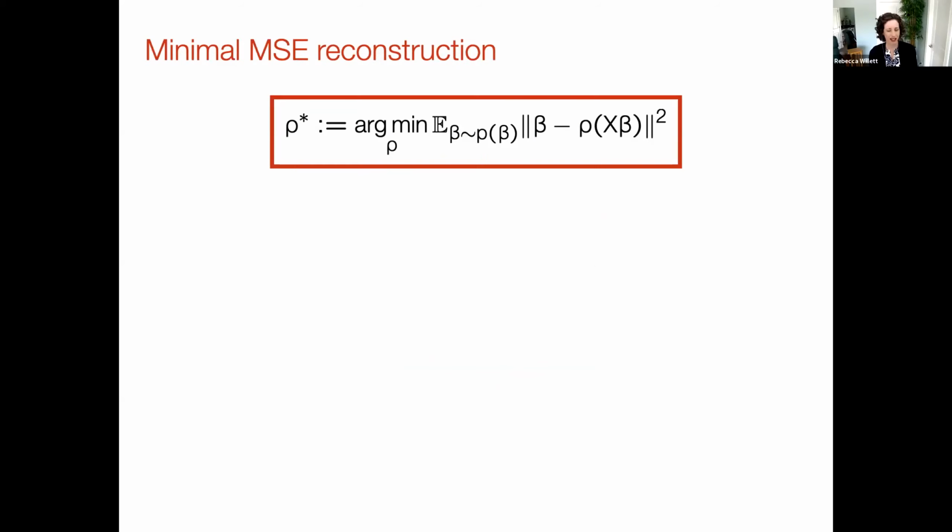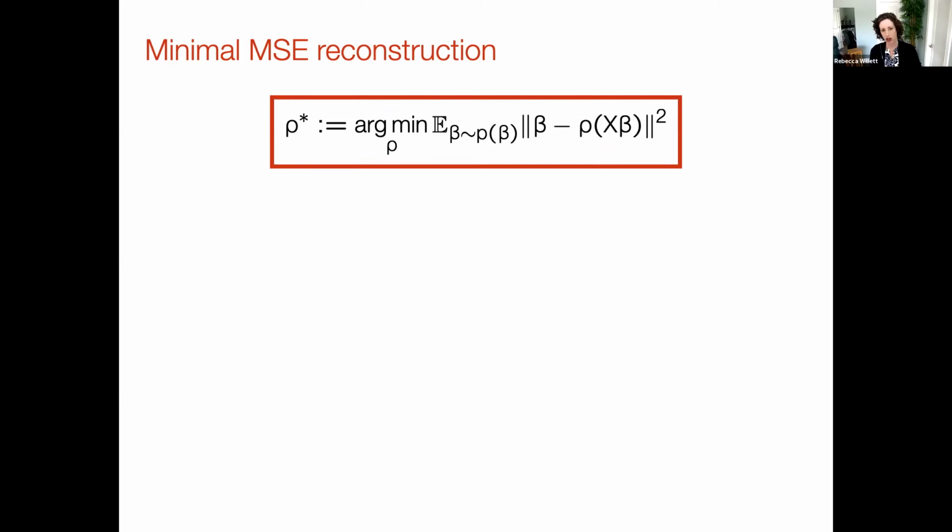A slightly less hand-wavy explanation of why the conditional density is probably the right thing to target comes from the perspective of minimal mean squared error reconstruction. So let's think about rho as corresponding to some mapping from observations to an estimate beta.